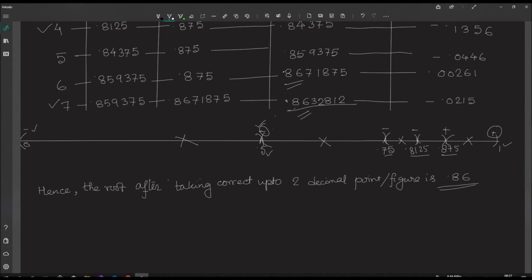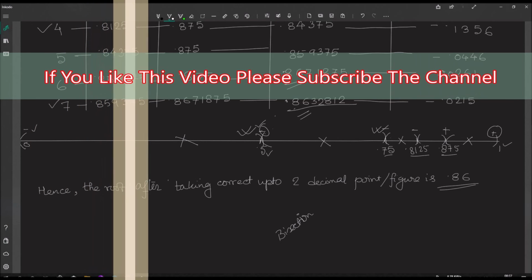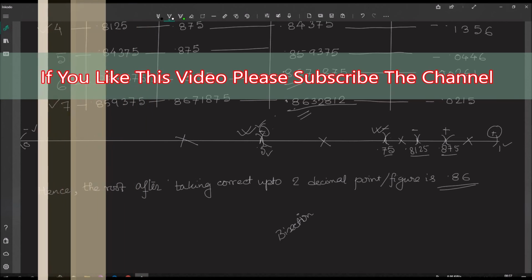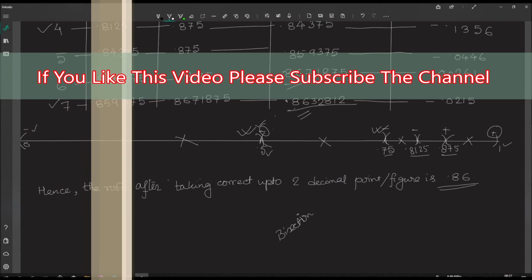As we are using that type of brackets here, it is also known as the bracketing method, and that is our bisection method, or bracketing method, or Bolzano method, which is used to find the root of any algebraic and transcendental equation.